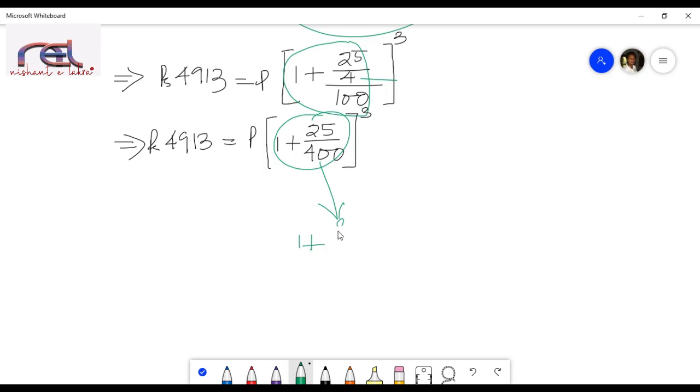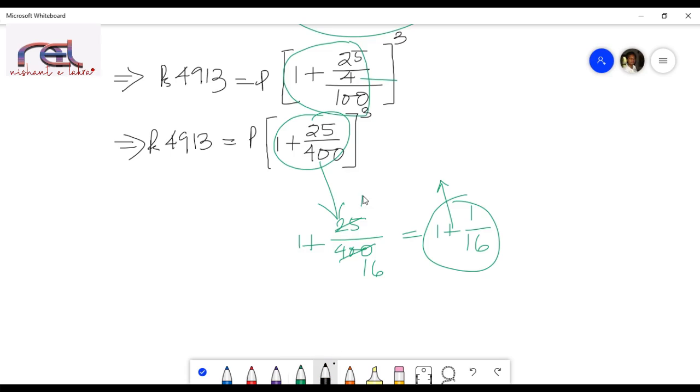Most of the time I have been helping you to understand, and I hope many of you have understood this. 1 plus 25 by 400. 25 and 400, we can cancel it. We can simplify it further to get 1 by 16, right?